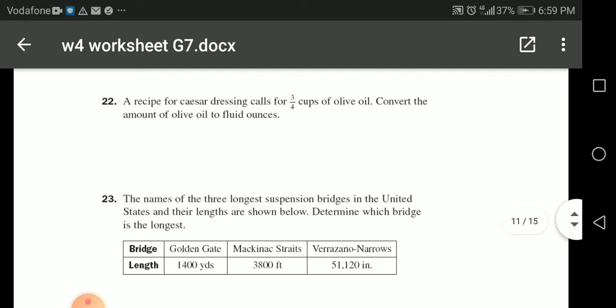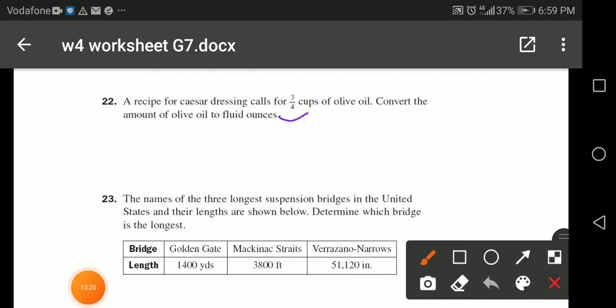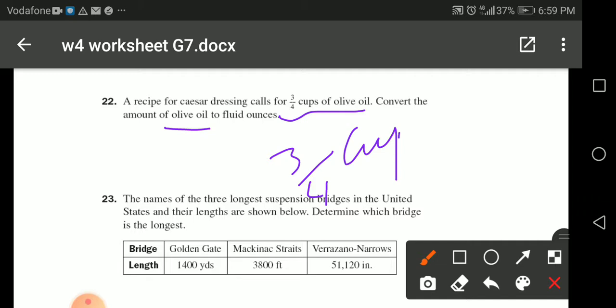A recipe for Caesar dressing calls for 3/4 cup of olive oil. Convert the amount of the olive oil to fluid ounces. Okay, we have here cups. You want to convert the cups into ounces. Very easy question.